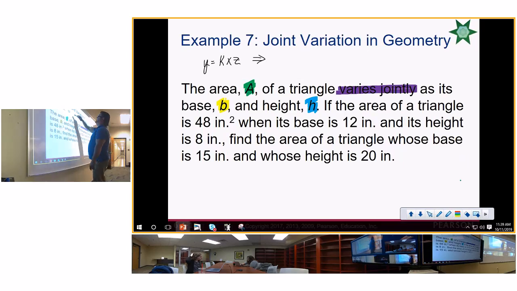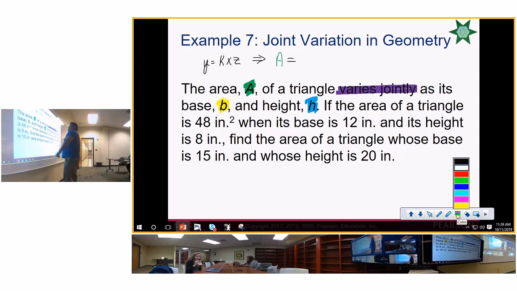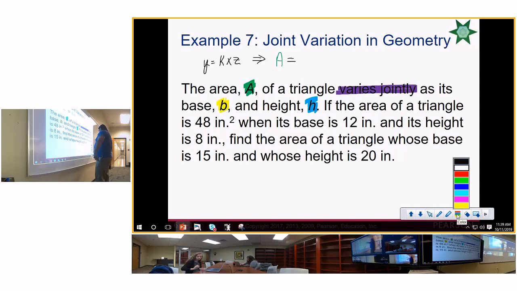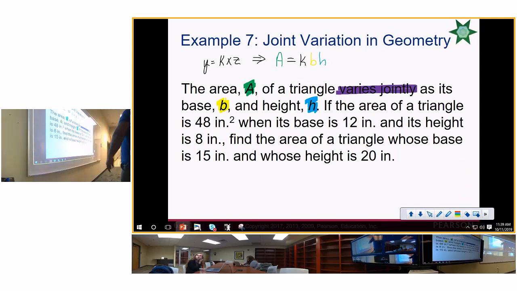A is equal to K, K doesn't change, and then B, and then H. Okay, that's the first part.